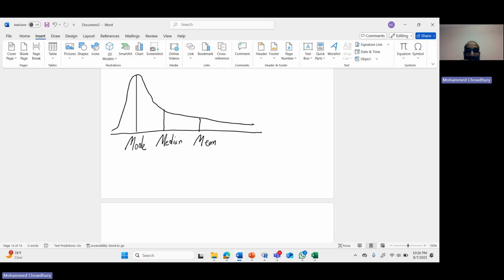If the curve shows a long right tail, which is known as skewed to the right or positively skewed, then the median will always be in the middle, the highest peak will have the mode, and the extreme right tail will have the mean. Now, you could ask me why. Why not in another way? Why not the mean in the middle, or the mean here and the mode there? Why this way? Why should we believe you?